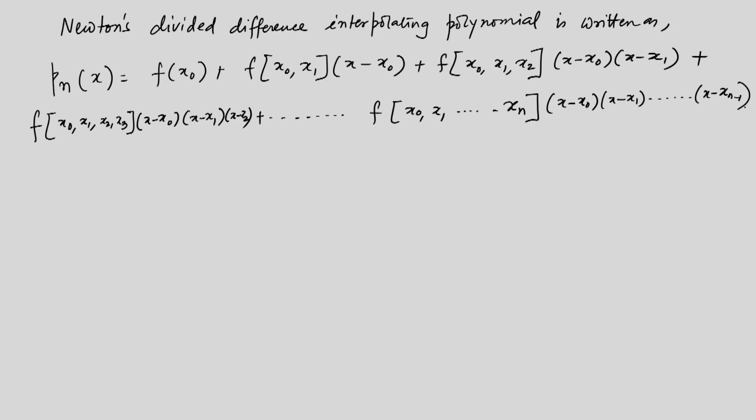Now, you see that suppose you need to do a quadratic interpolation, in which case you may want to include 3 points, which is the minimum number of points that you should include in order to do a quadratic interpolation. But suppose you want to include a couple more data points, that is 5 data points.